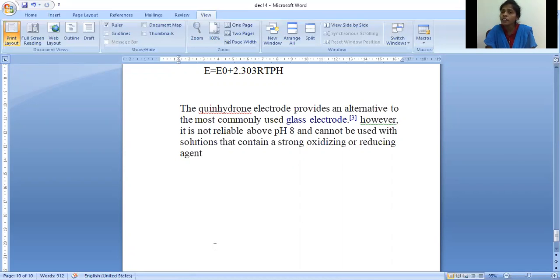So that's the reason we are using the glass electrode to overcome those drawbacks. So the glass electrode is used to find pH more than 8. That means we can find up to pH 14. And it is also useful to find the electrode potential of a strong oxidizing agent and a strong reducing agent.